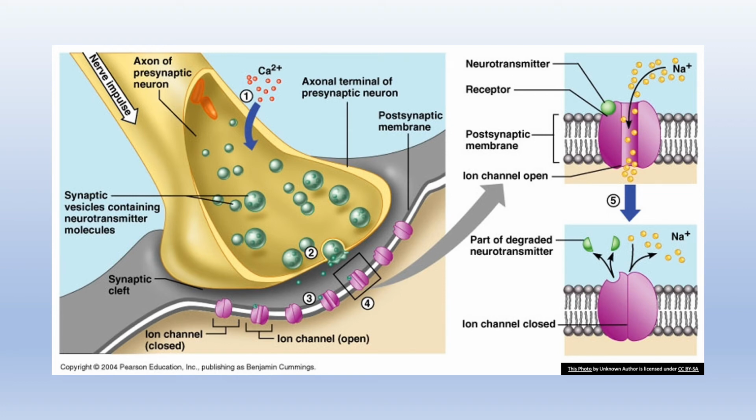The intracellular change to positivity allows the voltage-gated calcium ion channels to open, and calcium starts getting into the cell. The calcium ion influx increases the positivity even further, which causes the synaptic vesicles to release their neurotransmitters via exocytosis into the synaptic cleft.